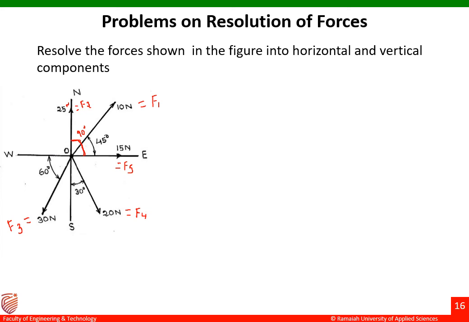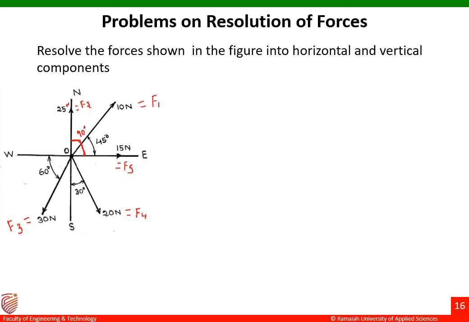Just make sure here this force is making an angle of 30 degrees with respect to the vertical axis. We have already discussed in the previous problem that if the force is making an angle with respect to the vertical axis, the formula for x component and y component would be F sine theta and F cos theta. This we have to remember carefully.